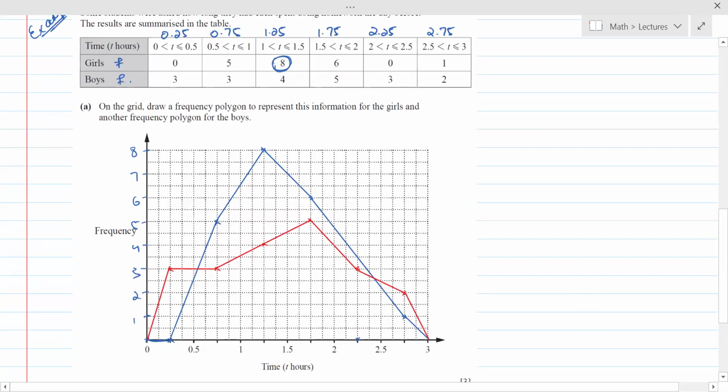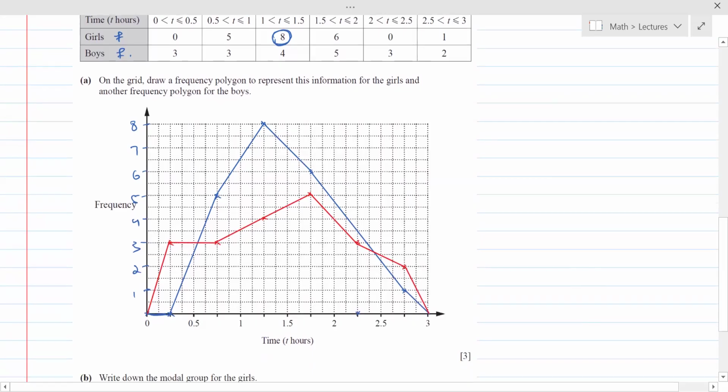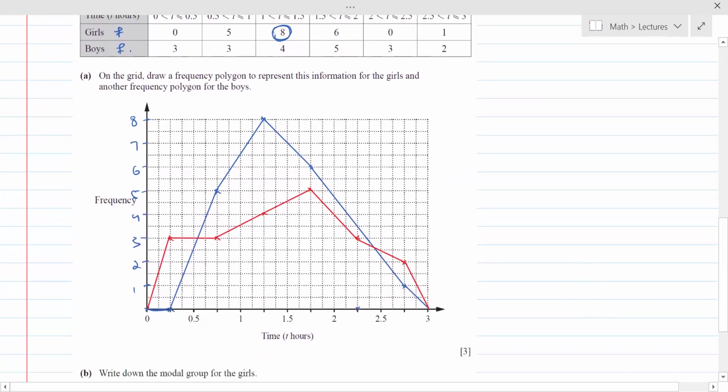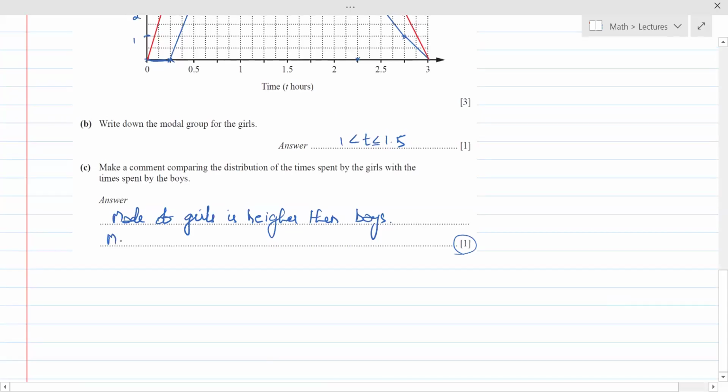So generally speaking, we can say majority of the girls spent time between 1 and 1.5 hours.